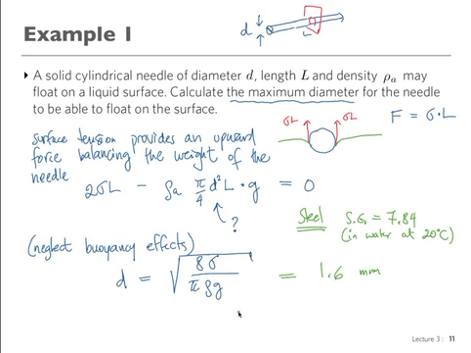Yes? So that's specific gravity? So we know this would be put in for rho of the fluid and of the steel here.